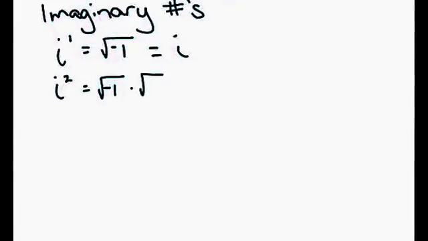Now, i squared means the value of i times itself. Well, that is the square root of negative 1 squared. And remember that the square root and a square are opposites of each other, so for all practical purposes, they cancel each other out, and we're left with a negative 1.